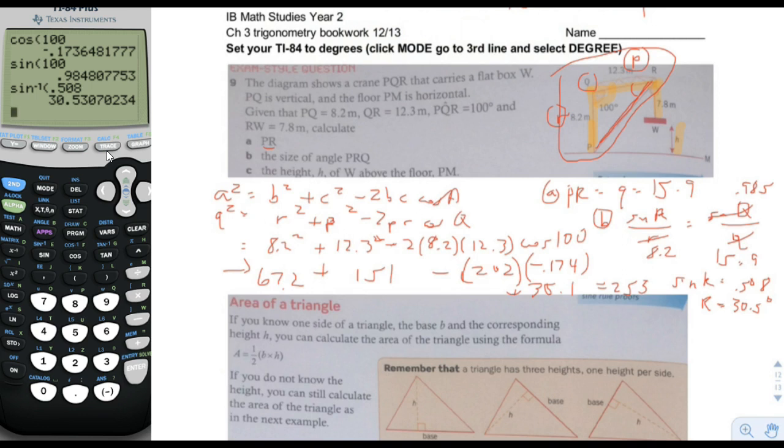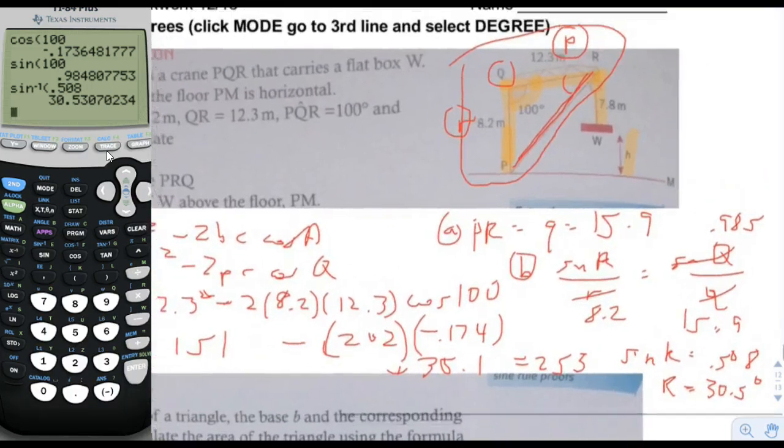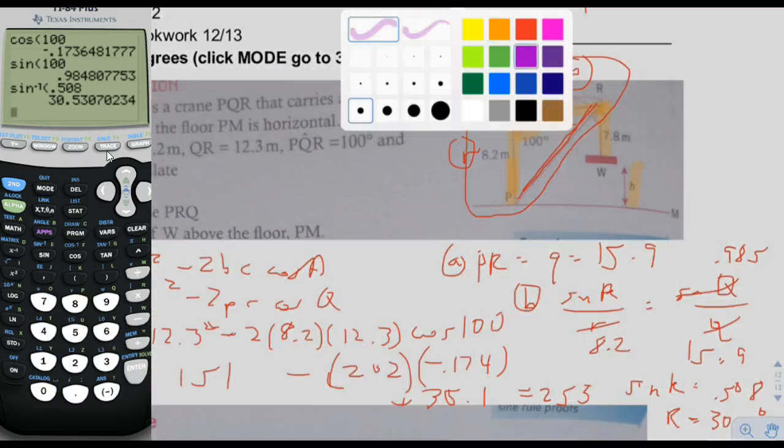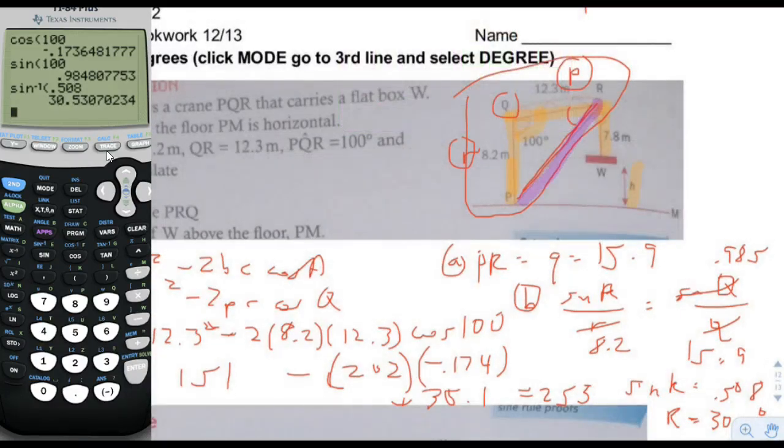And then C, what they want us to do is take this new triangle, this triangle here. They want us to solve this triangle. So we got the diagonal, which we already know is 15.9. And the vertical height, we don't know yet. And then some of these angles we do know, right?